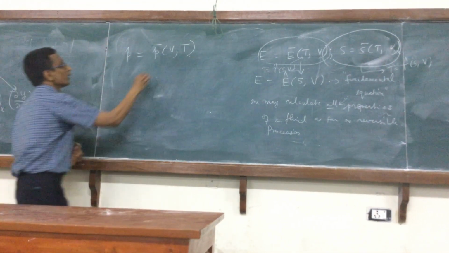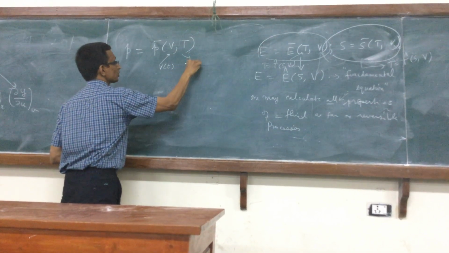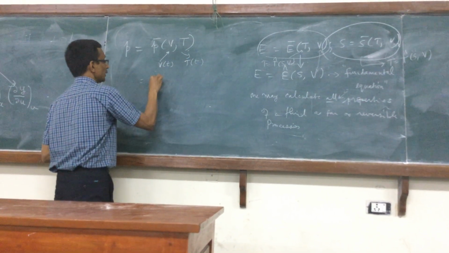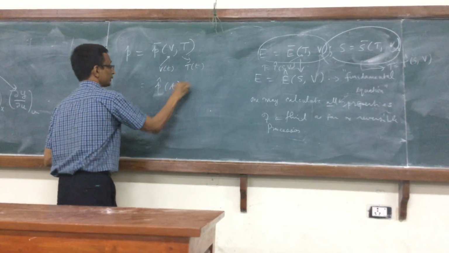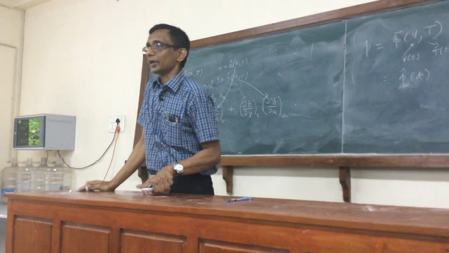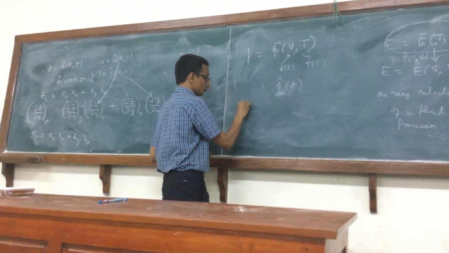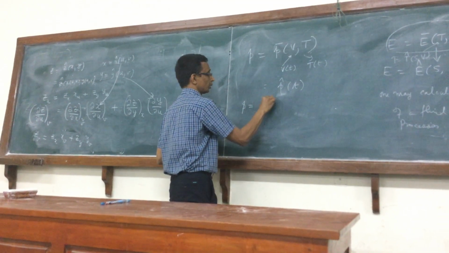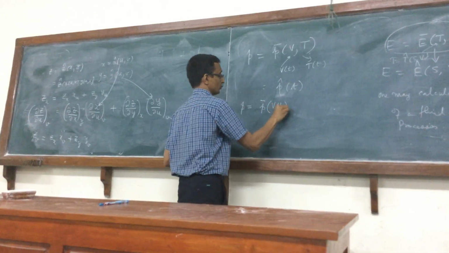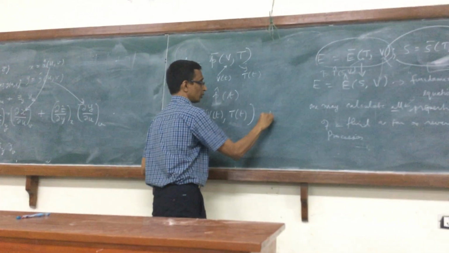But given that B is a function of time and T is also a function of time, I can consider B as a function of time. Right? So always better to write it B of T. B is P bar, D of T, D of T. Then you can easily infer the formula.